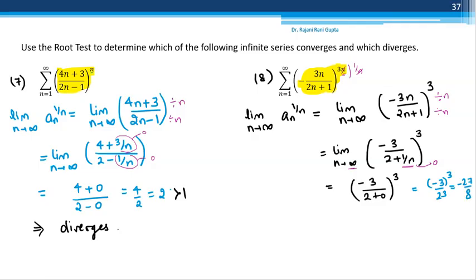This value is less than 1 because it is negative. So this implies the series converges. I hope now it is clear how to solve the questions by using this test.